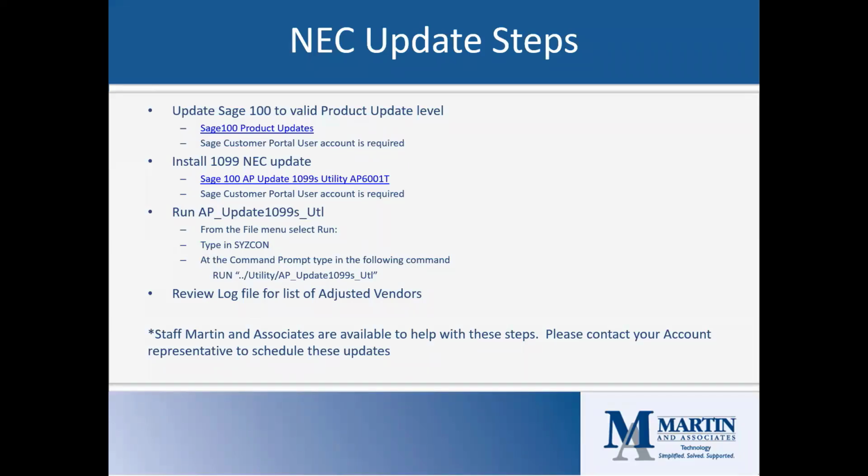At that point in time, you're fine. It's going to report what it moved. You can review that, and then you can go into the Atrix software and start producing any of your 1099 forms. So as soon as you've run the utility, you're basically fine to move forward.